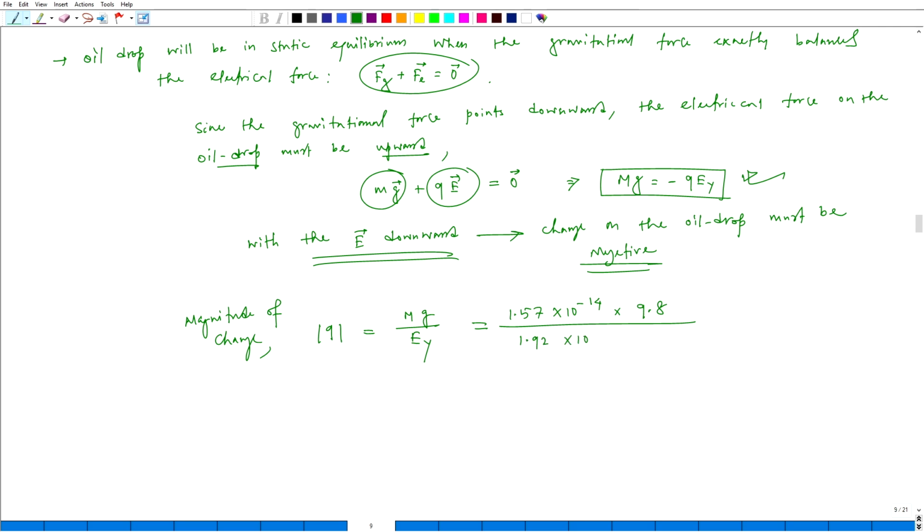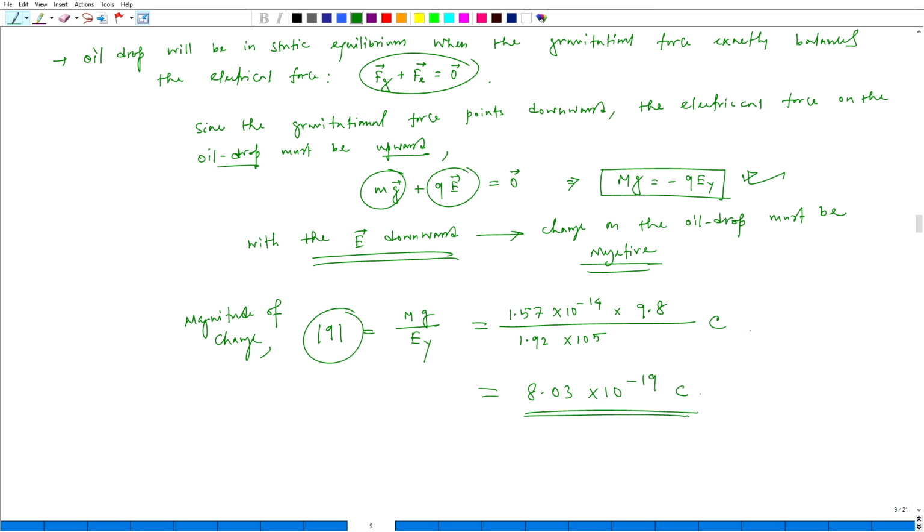The unit is coulomb. So the value of q is 8.03 times 10 to the power minus 19 coulomb.